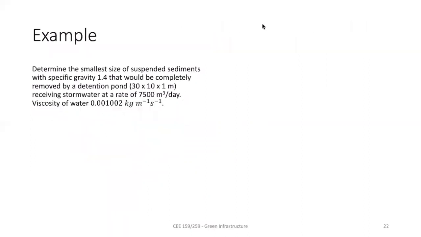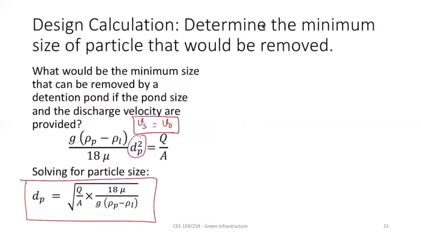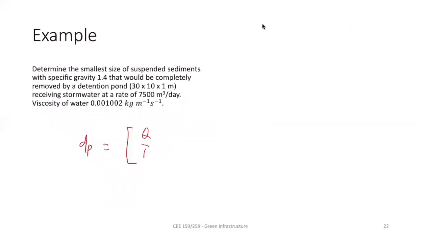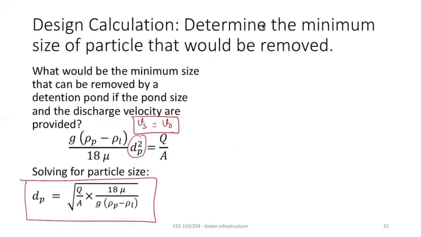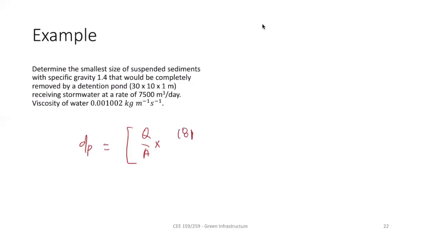Again, the example is here: determine the smallest size of suspended sediment with specific gravity 1.4 that would be completely removed in the retention pond, the same one that we discussed before. It's all about writing the equations. So dP would be the square root of Q over A times 18 mu over the particle density minus water density times g.